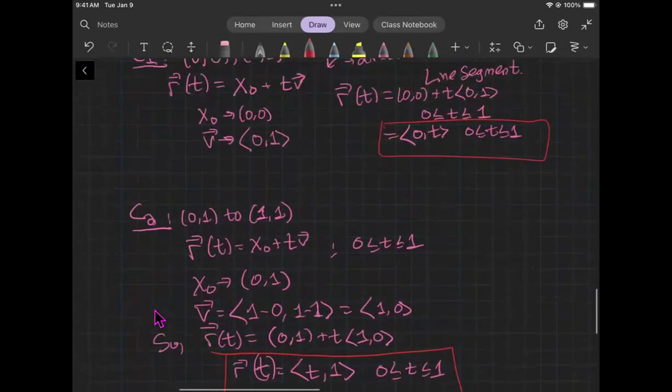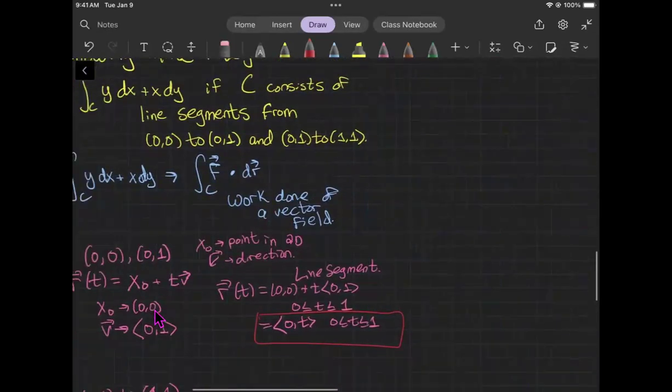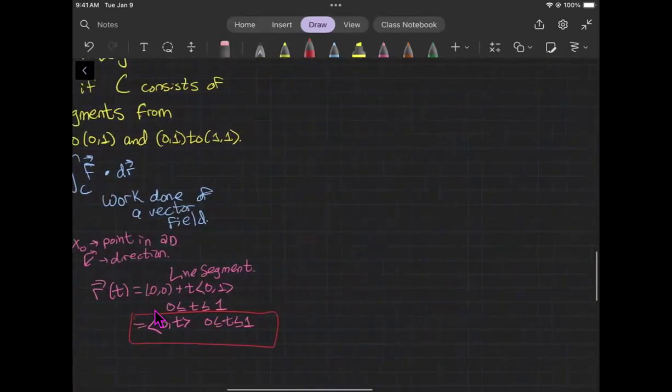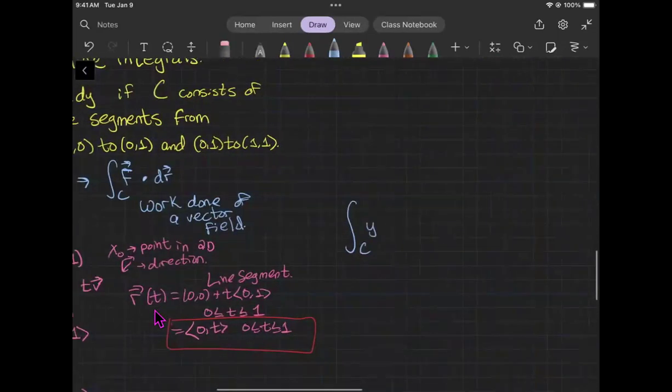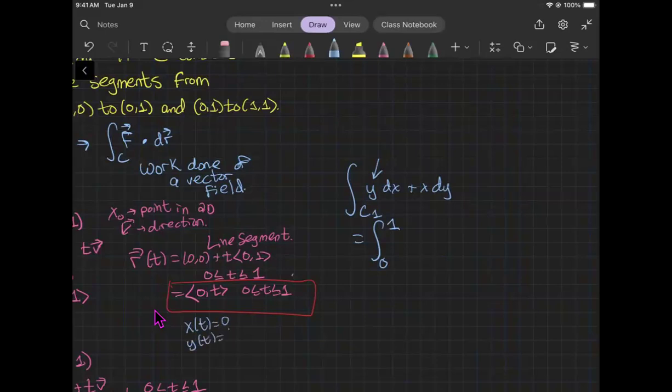So now we're ready to compute the line integral of the function y dx plus x dy. So another way to interpret this is in terms of t. If I look at C1, our limits for t are 0 to 1. The y portion corresponds to y of t. So x of t here is 0, and y of t is t.